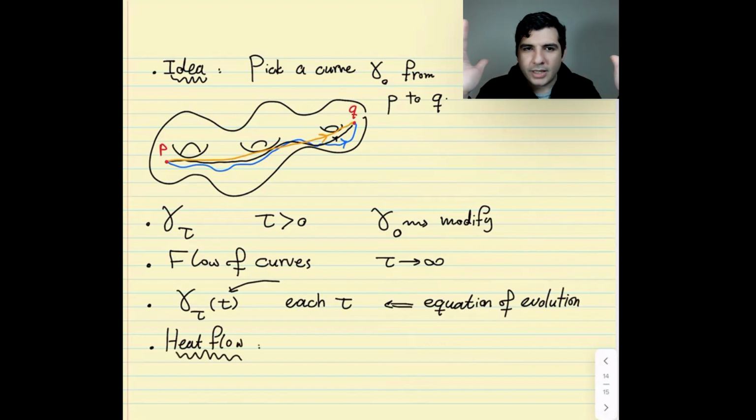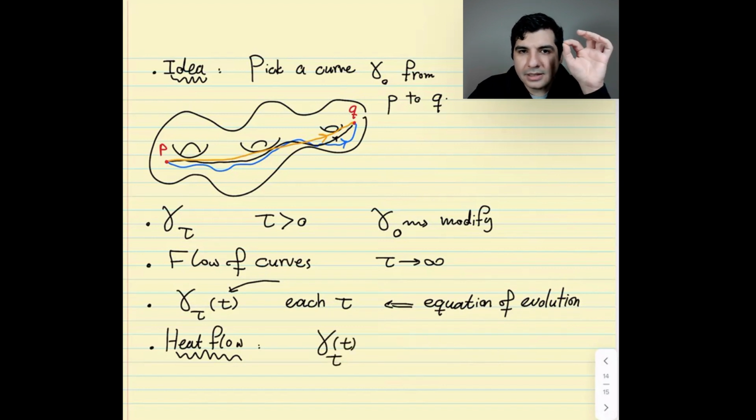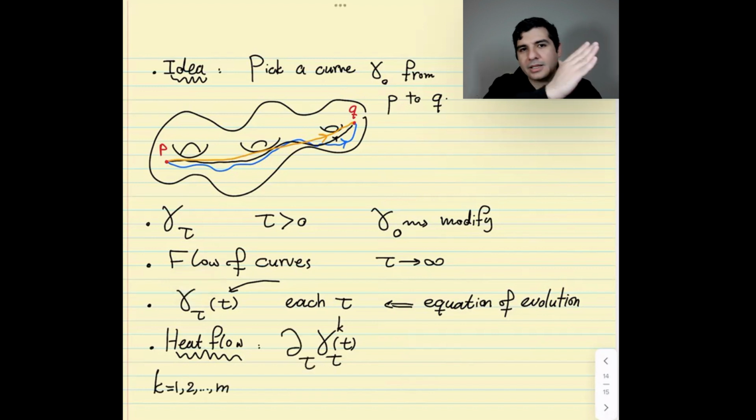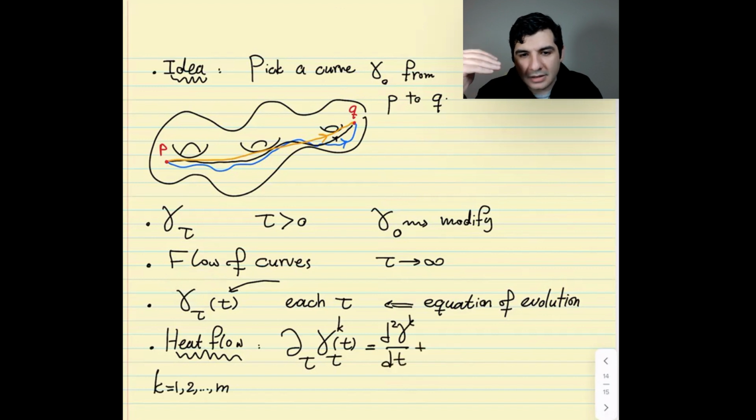So I just write the equation. I should say how you should change your curve. I'm denoting tau as this new parameter which says how your curve should be changing. So t is the parameter along each curve and tau is the direction the curve should be changing. So the heat equation or heat flow says for each k from 1 to m, for each component of your curve, the change of the curve with respect to the parameter tau is given by this.